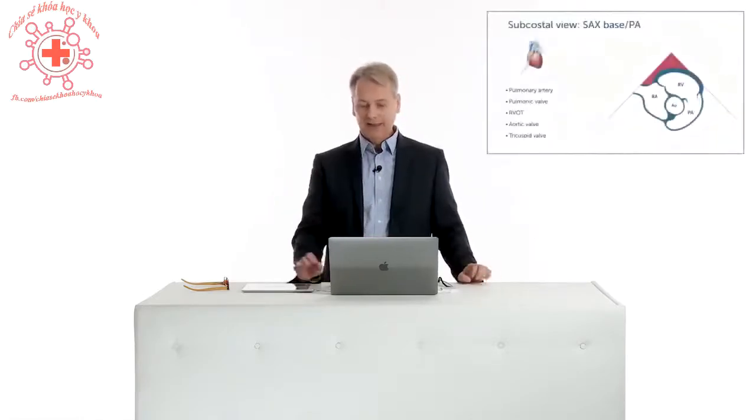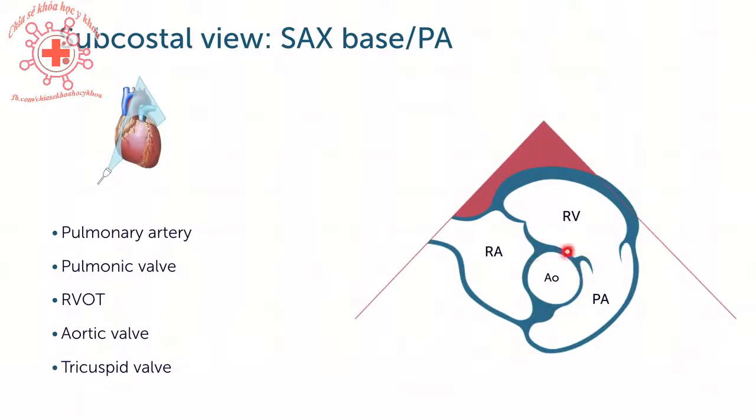And that way you will get a view which looks like this if you're at the base of the heart, with the aorta as the central structure, the pulmonary artery, the pulmonic valve, the right ventricular outflow tract, the tricuspid valve, the right atrium, and the central structure here is the aorta. Frequently, you'll also be able to see the IVC here. So a view which is very typical to the parasternal short axis view.